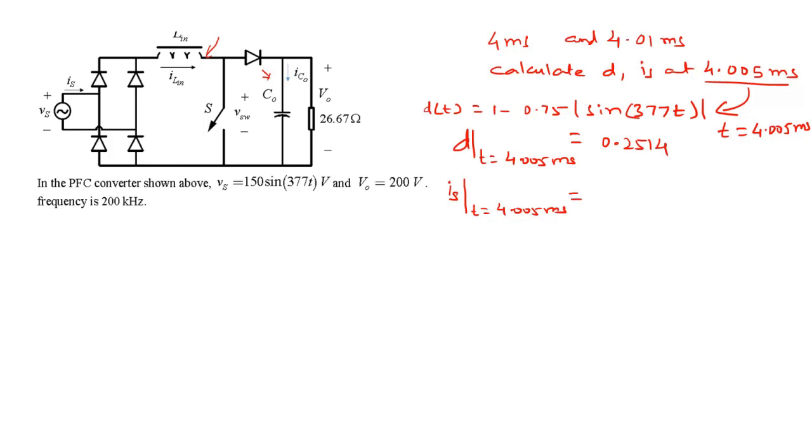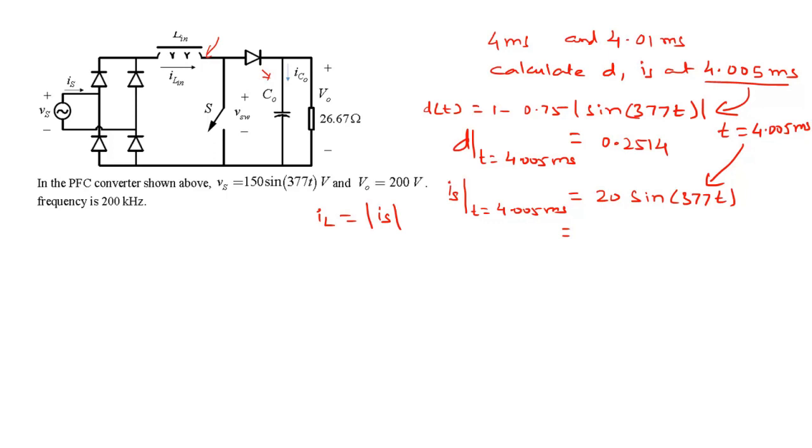The expression for Is that we derived in a previous subsection was 20 amps peak sine 377t. Second, substitute t equals 4.005 millisecond here. Okay, this is Is, but IL is really the absolute value of Is, because it's just going to rectify the Is.